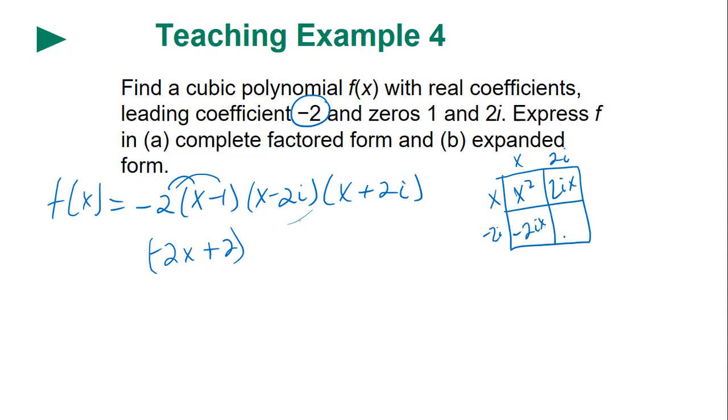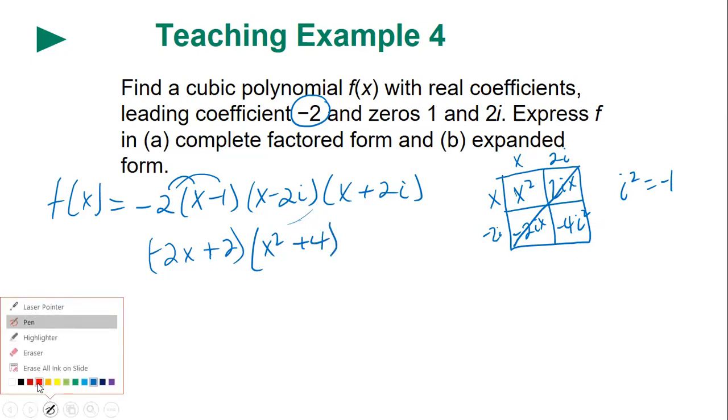And -2i times 2i is going to be -4i squared. From my box, these cancel out because one is negative and the other is positive. So I'm left with x squared. i squared equals -1, so whatever it's being multiplied by changes its sign. So instead of a -4, it's a positive. So that's one box down.